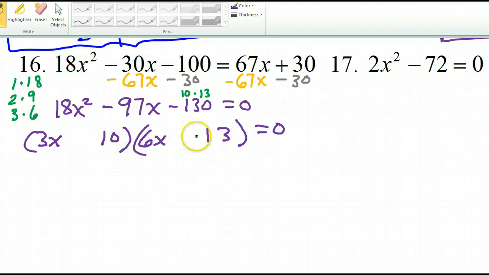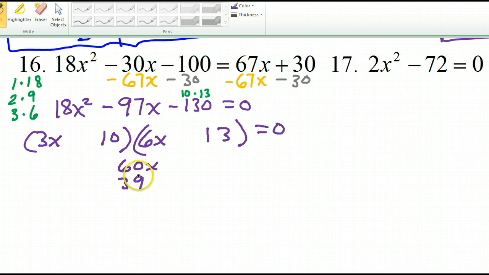Notice that I wouldn't have put the 10 over here, no matter what, because that would have made a GCF. Let's see if we get lucky. Inner, we have 60x. Outer, 3 times 13 is 39. So that's going to be 39.